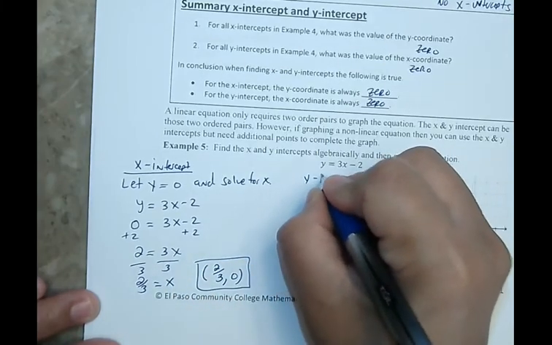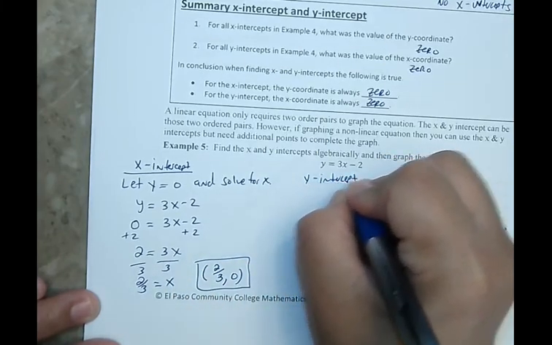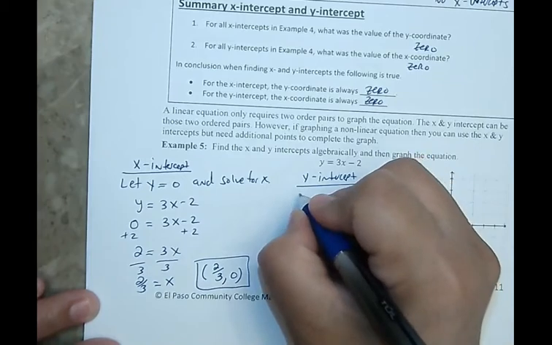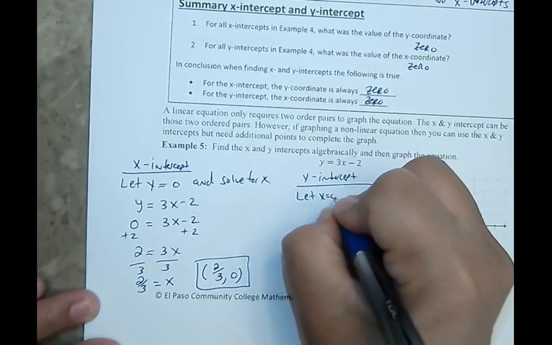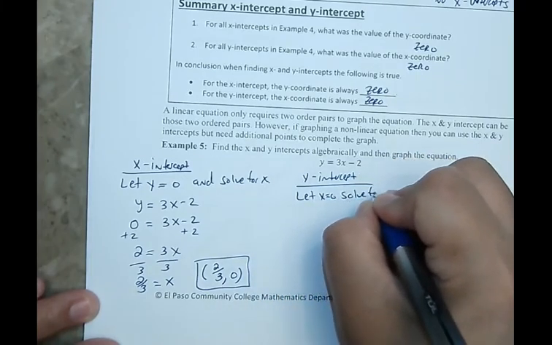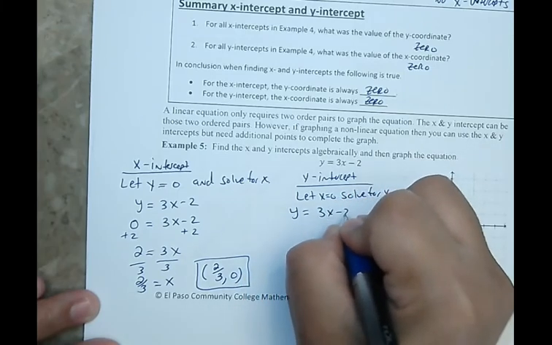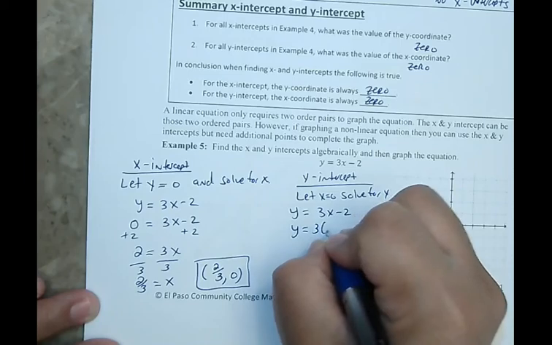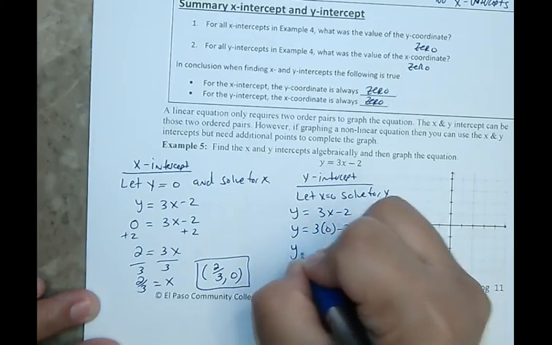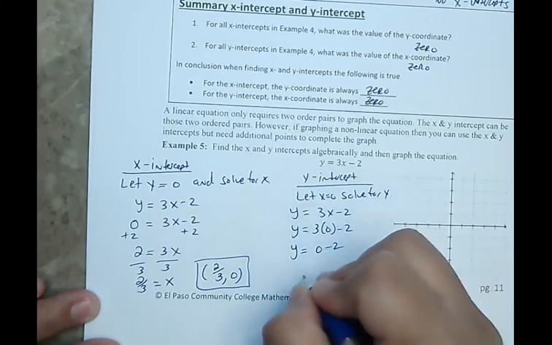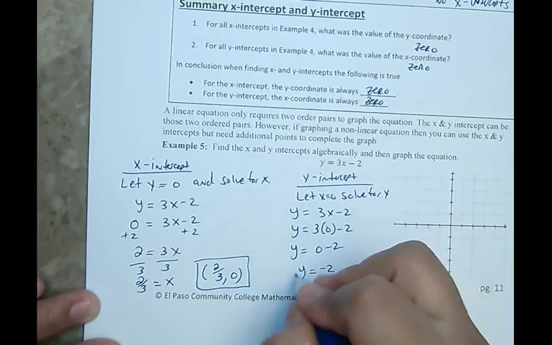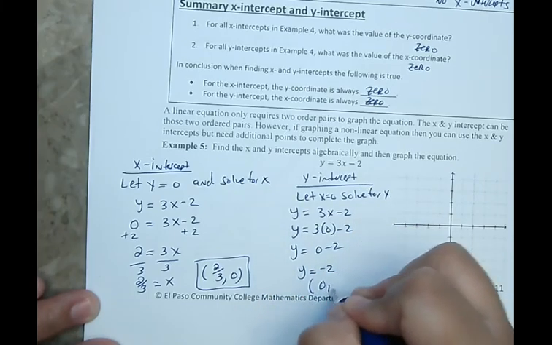And then for the y-intercept, we're going to let x equal 0 and solve for y. So in the equation, we let x equal 0. And so y is equal to -2. So my point is (0, -2).